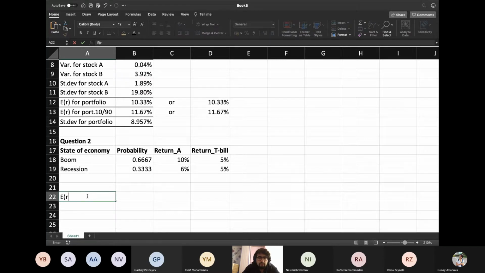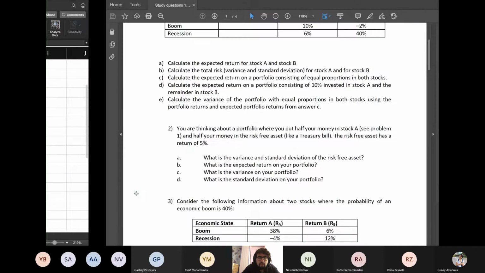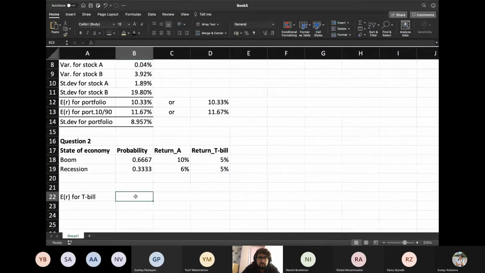Let me write ER. ER for T-bill. Standard deviation, variance. The probability of T-bill, let me also find the expected returns.